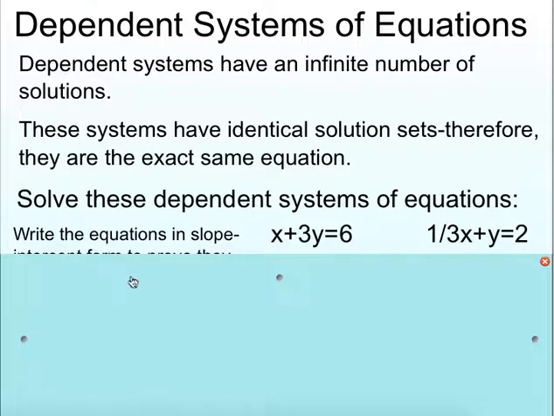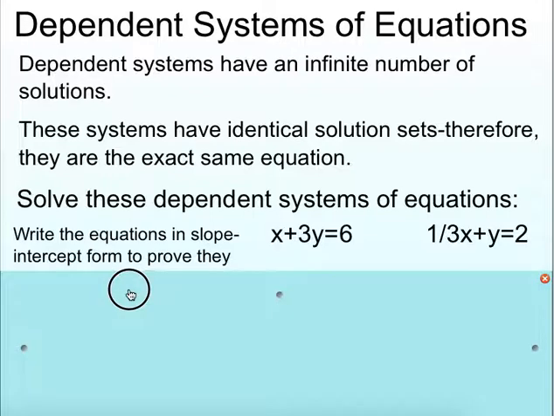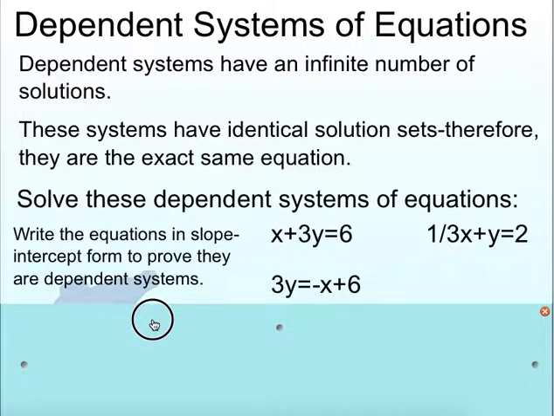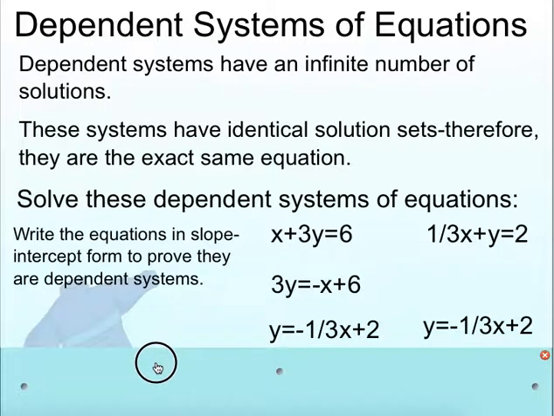One way to determine if a system of equations is dependent is to write these equations in slope-intercept form. For the first one, we are going to subtract x from each side, and then divide by 3.